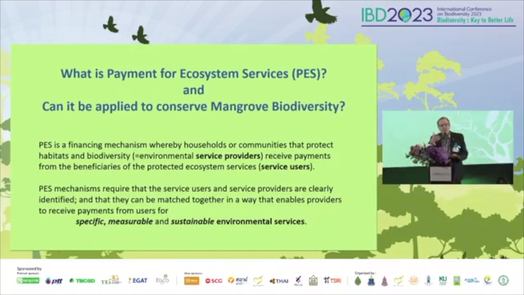If you want to drive across Bangkok very quickly in your car, you go up onto the expressway and you pay to drive your car quickly up on the elevated highway. You are the user of the highway service, and the provider of that service is the Bangkok Expressway Company. That is PES, Payment for Expressway Services.